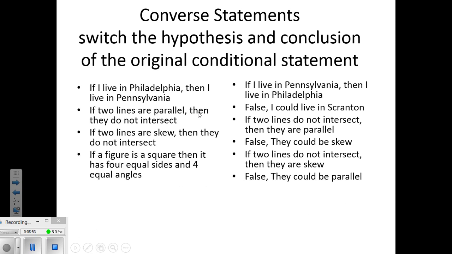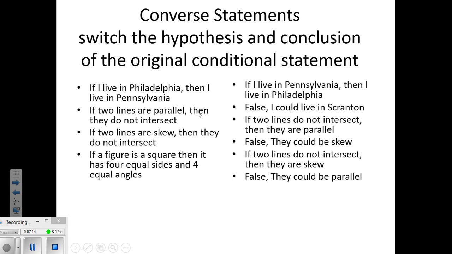Let's look at yet another example. If a figure is a square, then it has 4 equal sides and 4 equal angles. So rewriting this in terms of a converse statement, this original statement is called the conditional statement.